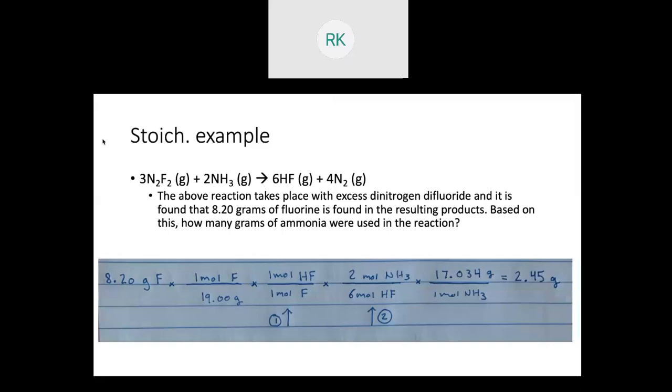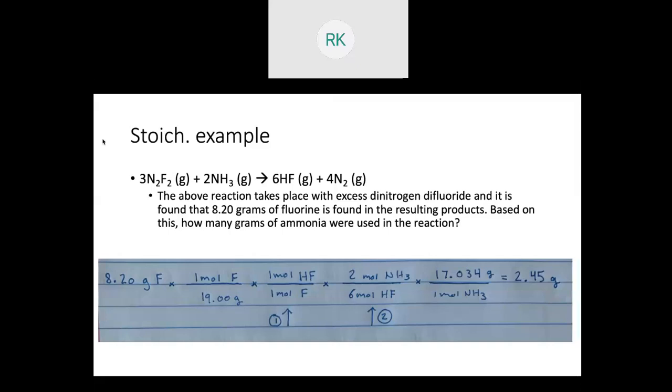Whenever you're converting moles of a component of a compound to the overall compound, your molar ratio is going to be dependent on subscripts. So in HF, the subscript of F is 1, which means there's 1 mole of fluorine per 1 mole of HF. Up to that point, if you cancel out all your units, we have moles of HF.